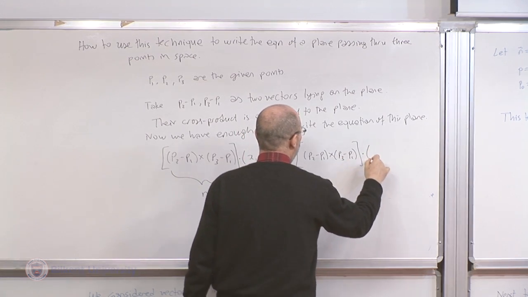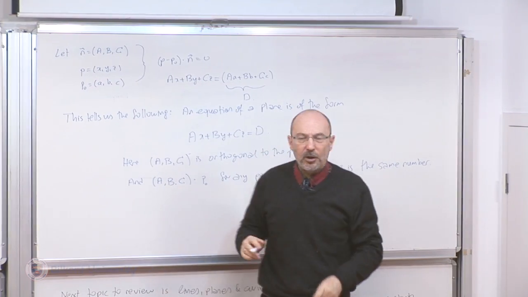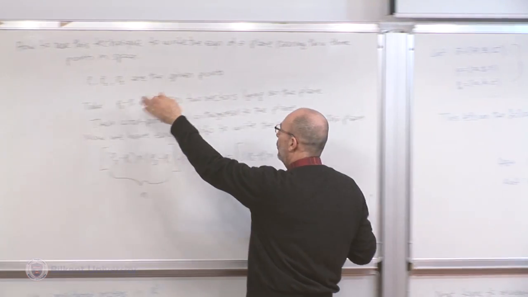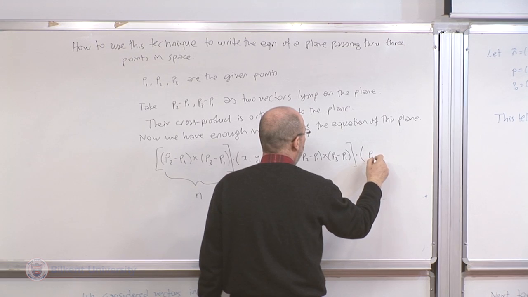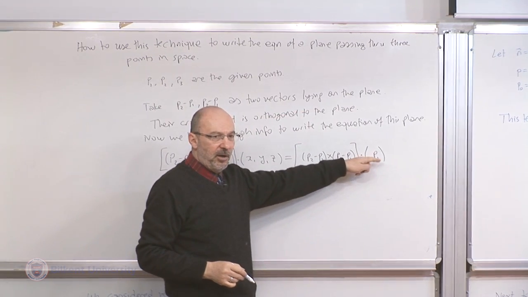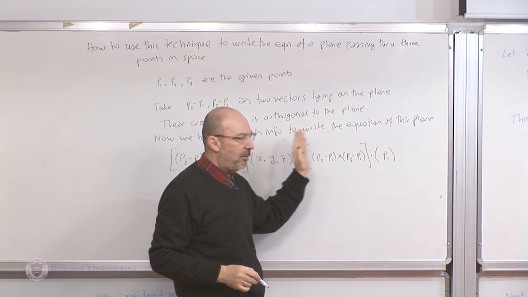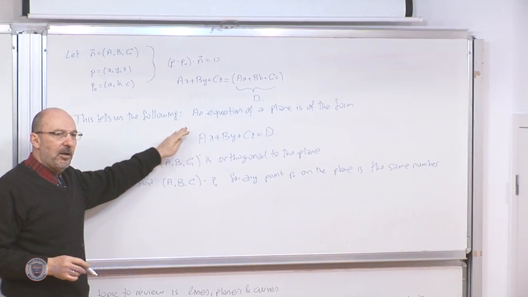We dot product it with what? What is this small ABC? This is any point on the plane. Just to make this look symmetric, I can write P1 here, I can write P2 here, P3 here, whatever. Choose any point on the plane. On this side, you'll get a fixed number. That is assured from here. When you look at it this way, it is clear.